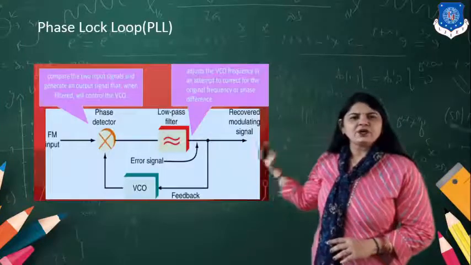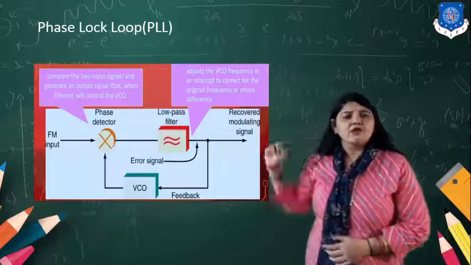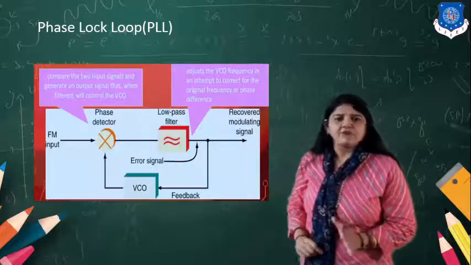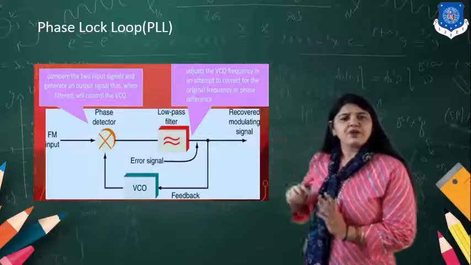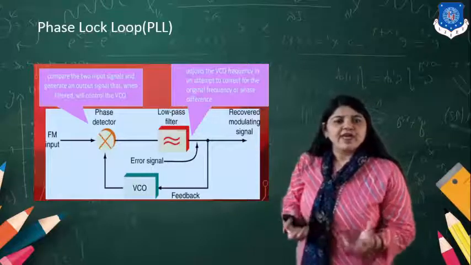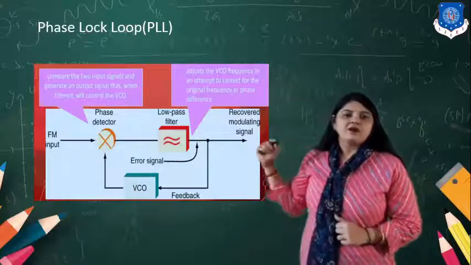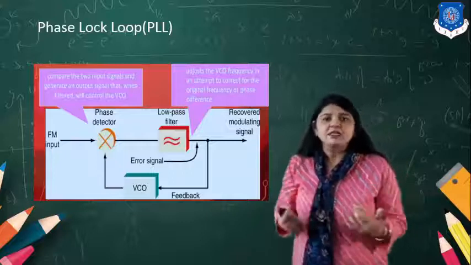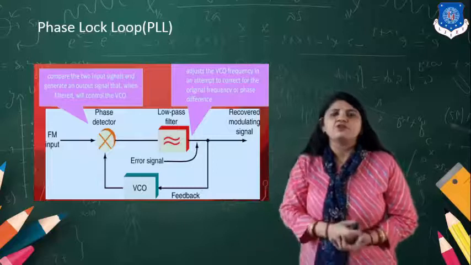Now here you can see the block diagram of the PLL. As the input, we have the FM modulated signal, and we are giving that FM signal to the phase detector or the phase discriminator. The phase discriminator has another input, which comes from the VCO.